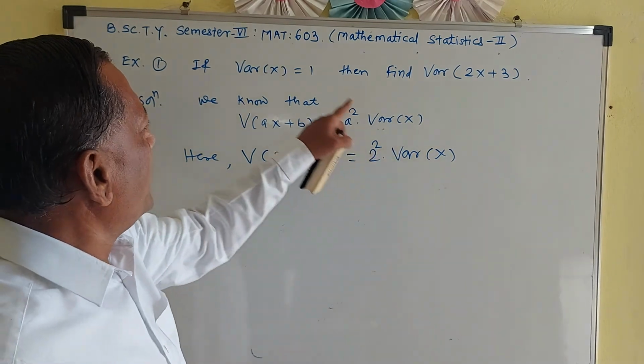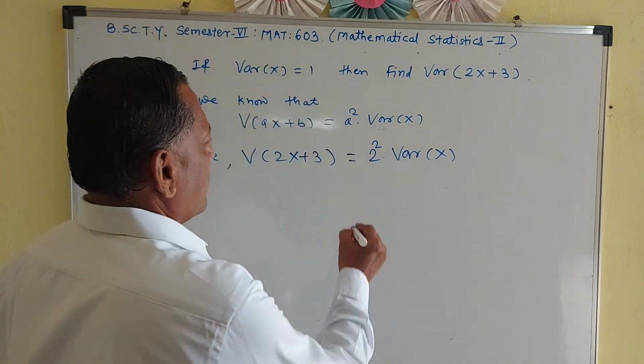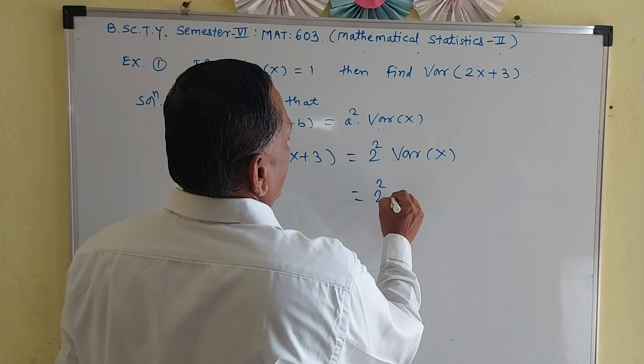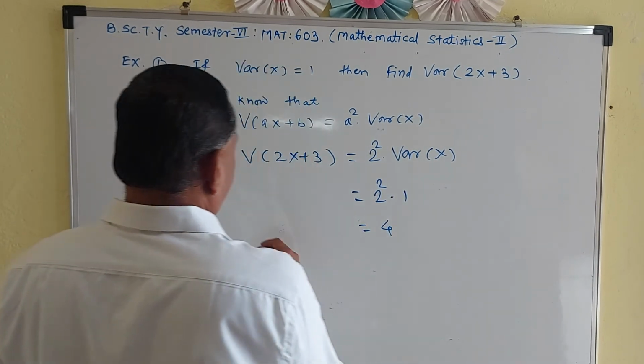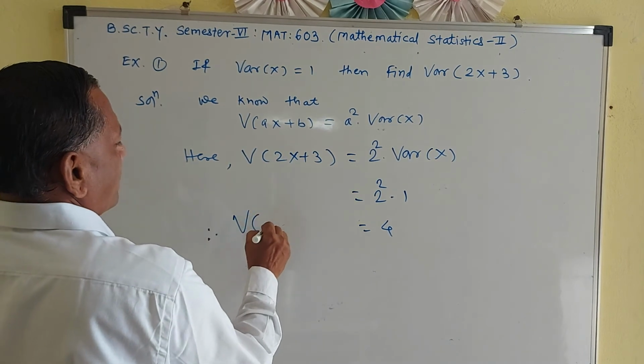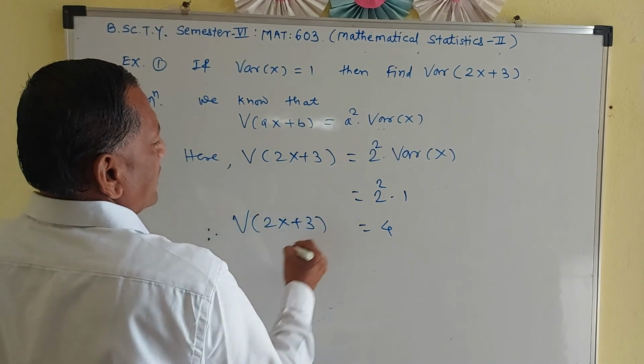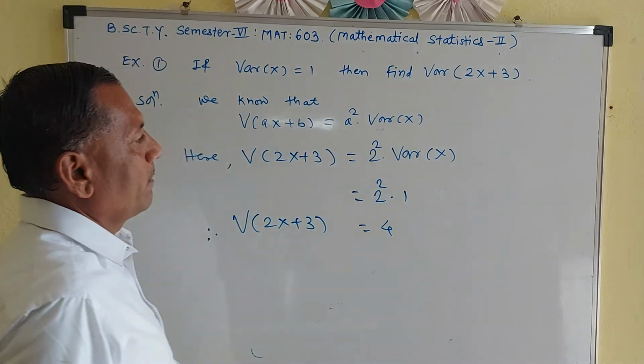But what is variance of x? Variance of x is 1, it is given. So 2 square into 1. 2 square means 4. 4 into 1 means 4. Therefore, variance of 2x plus 3 is equal to 4.